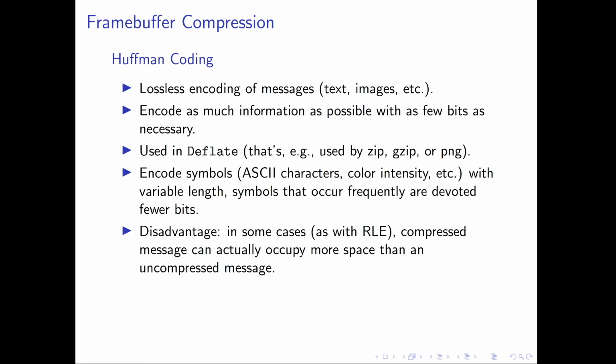So there are those two possibilities that we have, and the algorithm lends itself to both of them. And the algorithm has the same disadvantage that we also saw with the run length encoding algorithm, that in certain cases we can end up with a compressed message that is actually bigger than the uncompressed message.